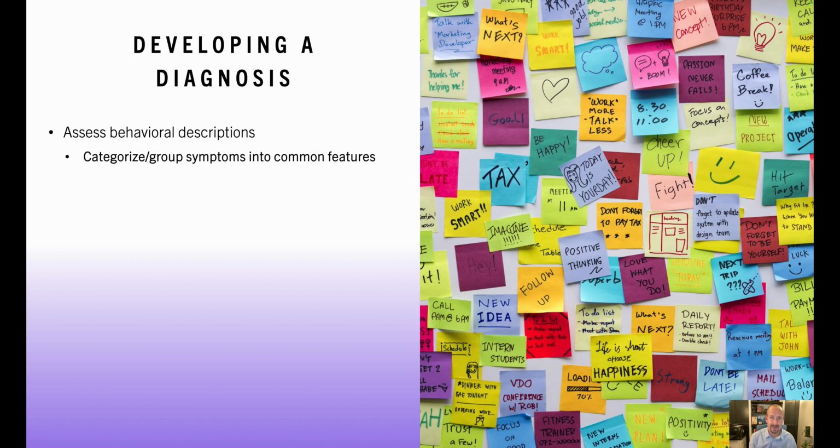So if they're saying that they lack sleep, difficulty concentrating, feelings of hopelessness, worthlessness, that's why I try and explore each symptom and then have them describe those symptoms and group all those features together, and then move on to another symptom and have them describe how that shows up in their life and group those together.